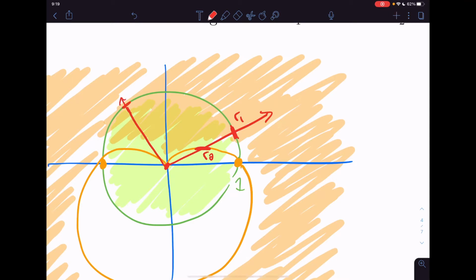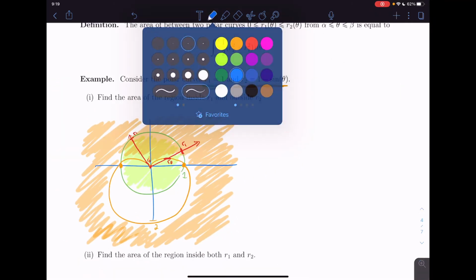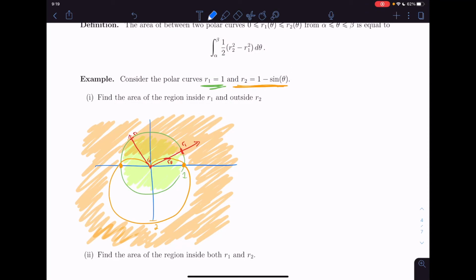Again, upper curve r1, lower curve r2. As a result, what we see here is that the area in question is going to be equal to 1/2 the integral from something to something of r1 squared minus r2 squared d theta.